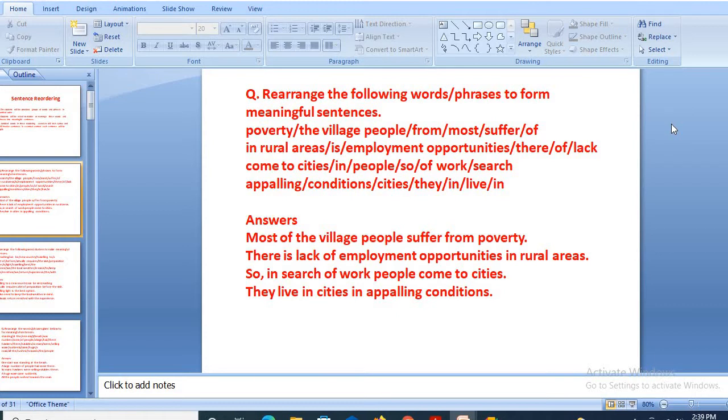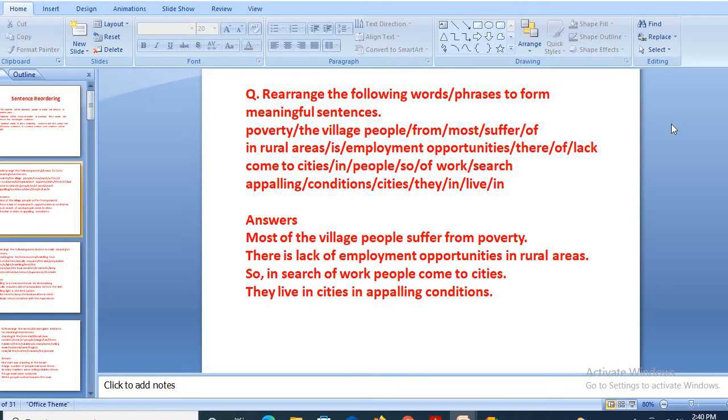Now many of the students use numbering in order to rearrange it. You can do that way also, or you read the question properly. Maybe while you will be reading it once or twice, you will form an idea. Remember, sentence reordering can be done in many ways. One jumbled sentence can be rearranged in many ways, but the important thing is that it has to be done in a very logical manner.